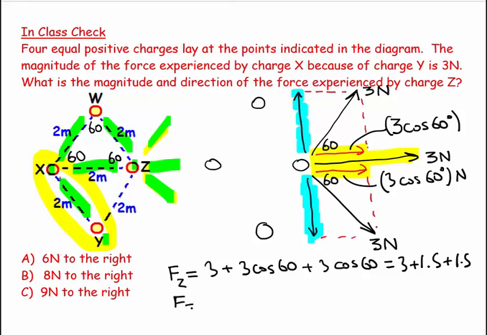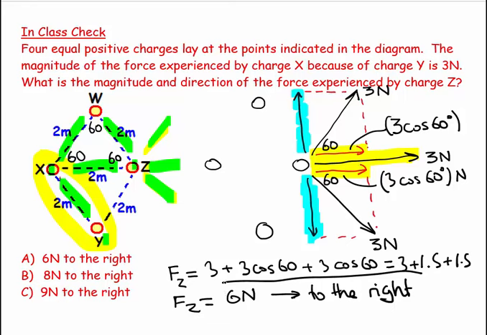So my force on Z will equal, let's have a look, that should be 6 newtons, and it's going to be horizontally to the right. So there's my overall answer.